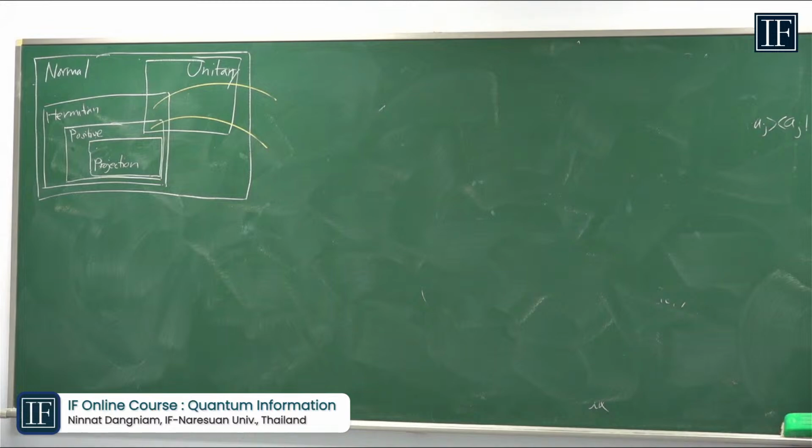So what are the possible eigenvalues for unitary operators? Not really. What are the set of eigenvalues for unitary operators?